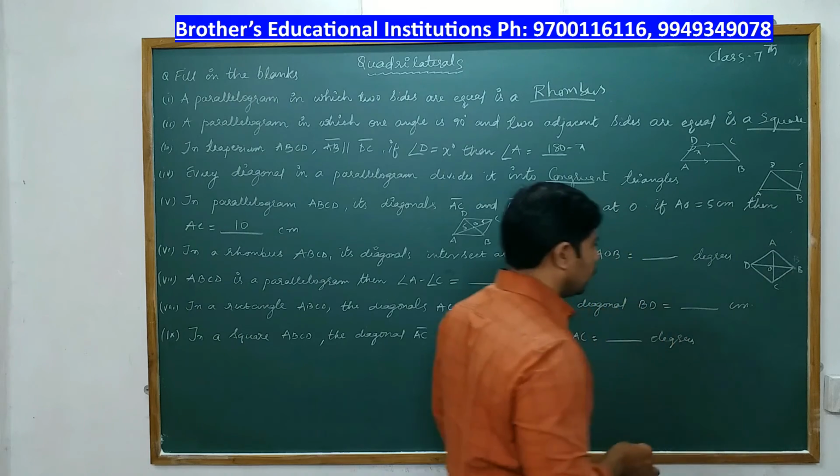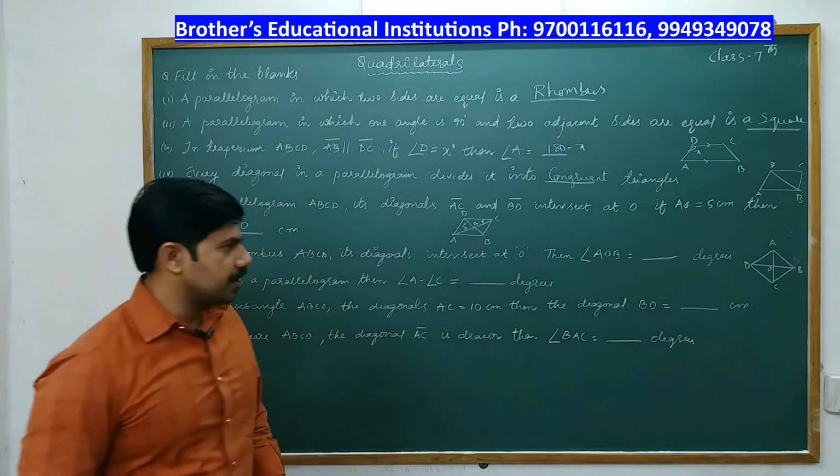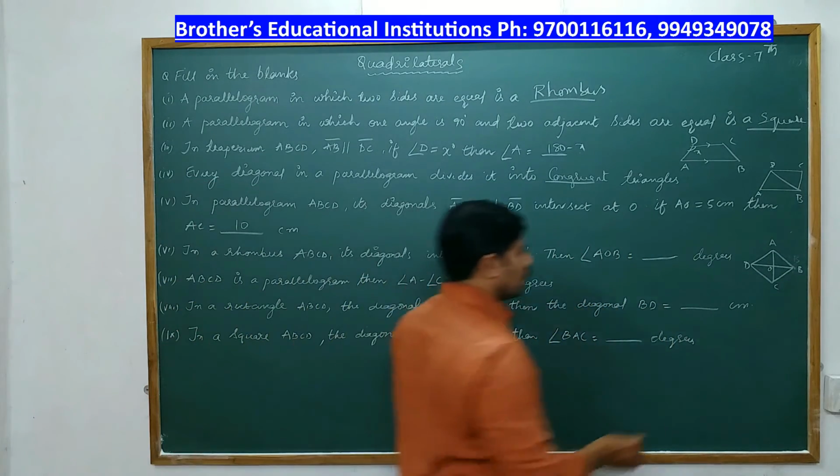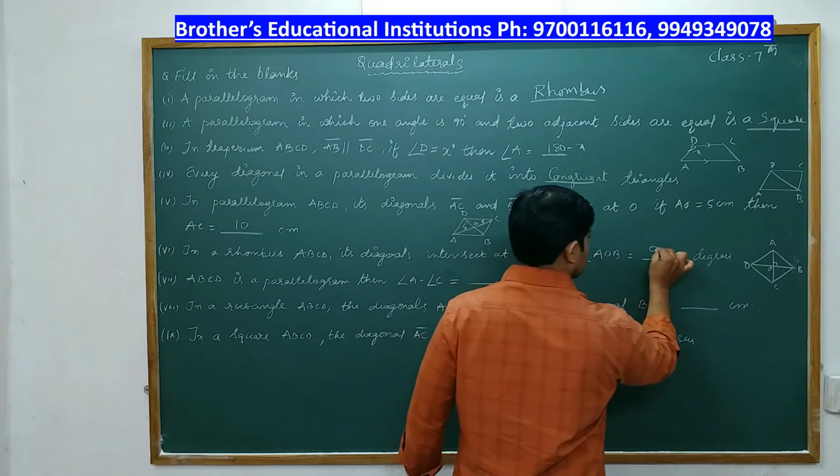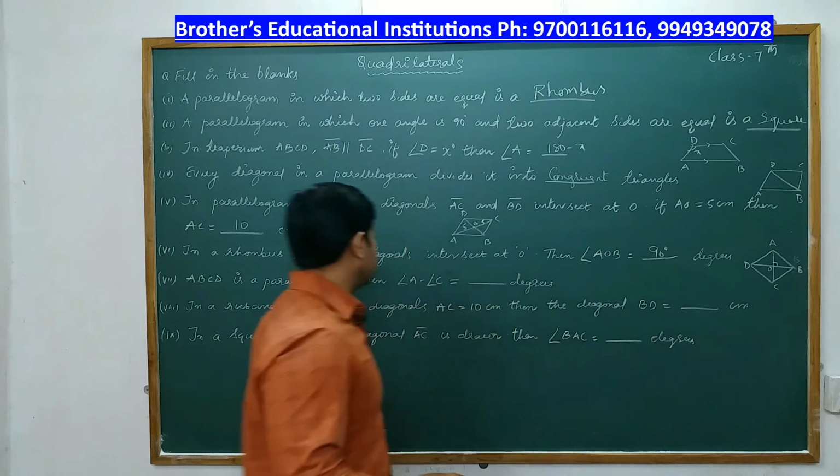ABCD is a rhombus and the diagonals intersect at O, then angle AOB is nothing but 90 degrees. So here we need to write the angle as 90 degrees, right?